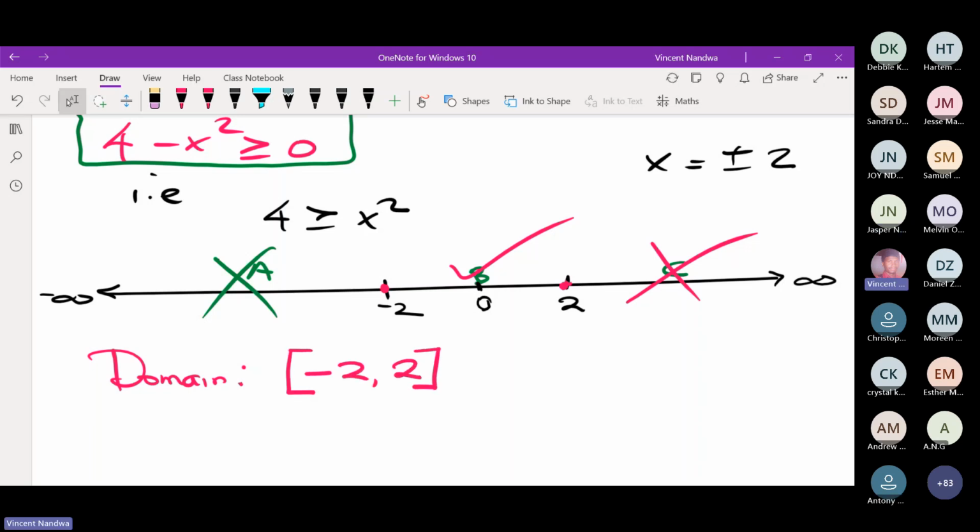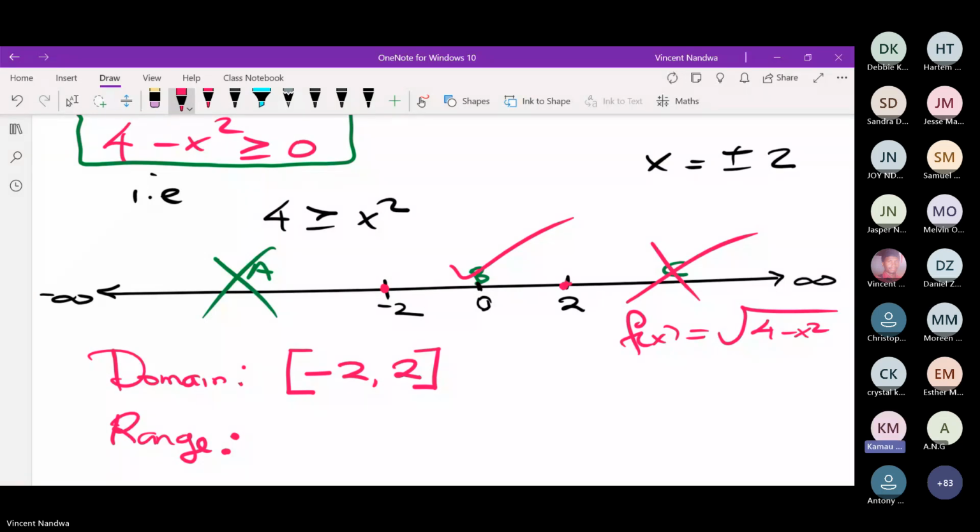This will be the only values of x that will make the expression under the root sign defined. And then what will be the range now? Once you have restricted yourself to just from -2 to 2, what do you expect your final answer to be for the square root of 4 minus x squared?